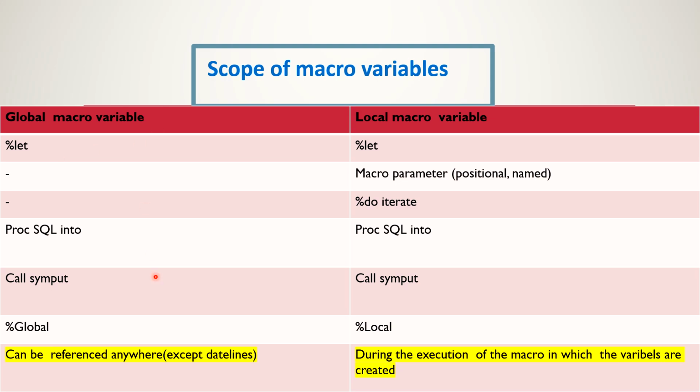A global macro variable we can reference anywhere except in data lines; we can refer to it anywhere in the program. But a local macro variable exists only during the execution of the macro in which it is created. So inside the program only, whenever we call that macro, we need to use the local macro variable.